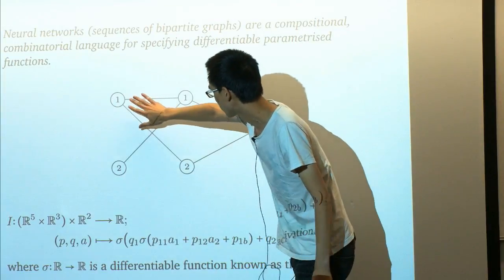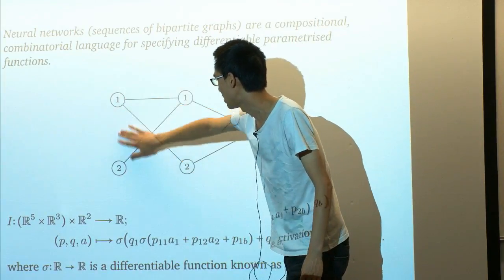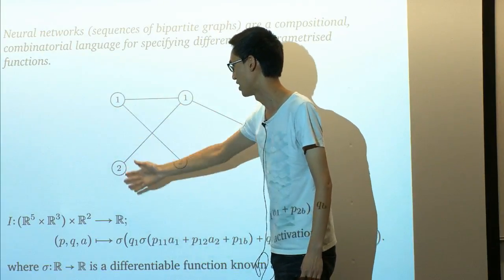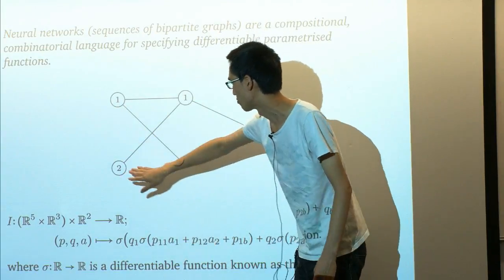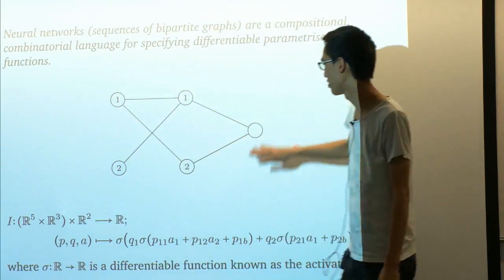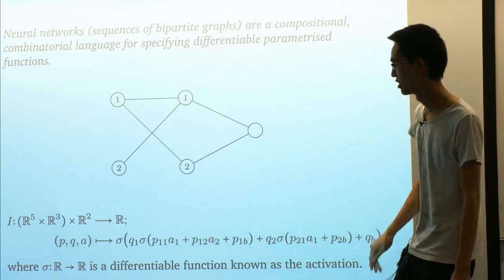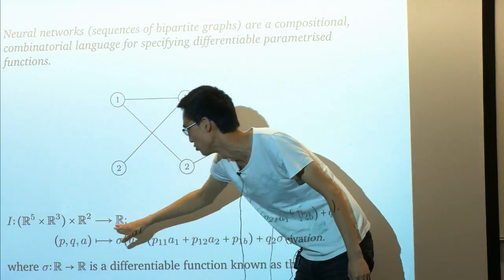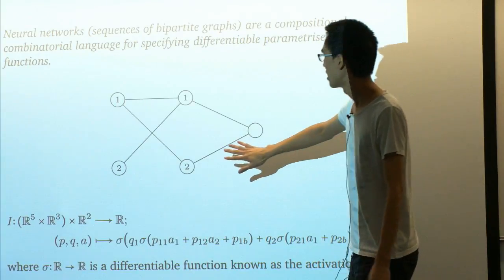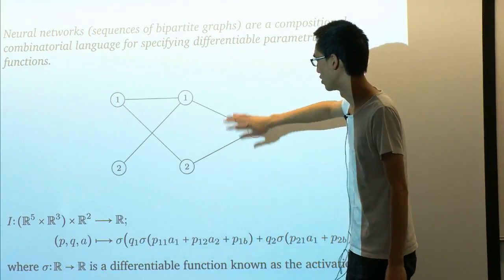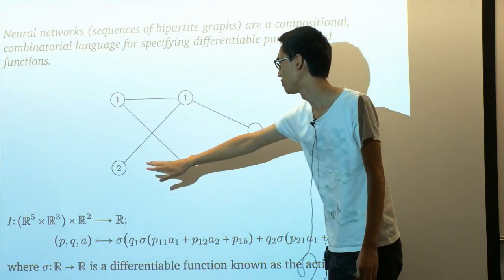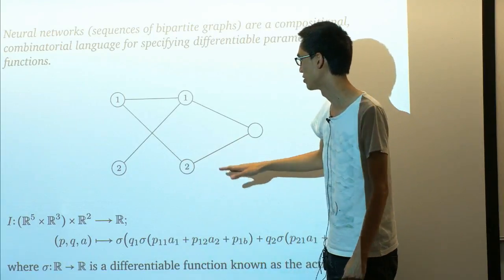The function runs from, again, we have a first layer, which is going to have, say, in this case, 2 nodes. So it runs from the vector space of dimension the number of inputs to the vector space of dimension the number of outputs. So in particular, this is a parametrized function from 2 to 1. The parameter space is constructed as follows. We get a parameter for each edge and a parameter for each node that's not an input node.